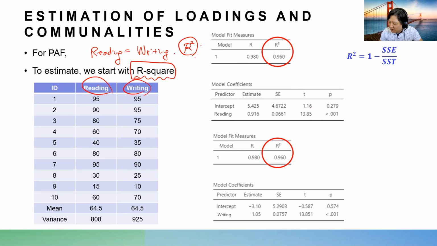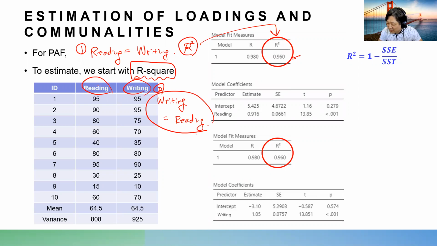That R square is 0.96. Second, I treat writing as the dependent variable and reading as the independent variable, run the regression analysis, and get another R square value. That R square is also 0.96. So this is the R square for the second case.